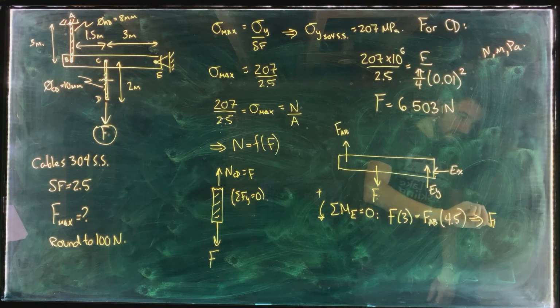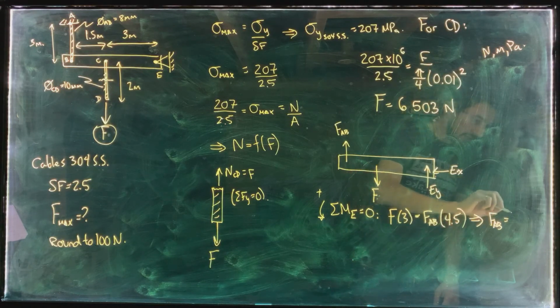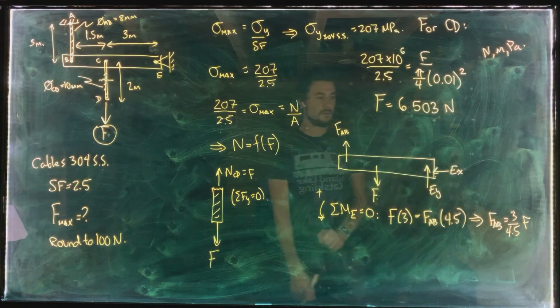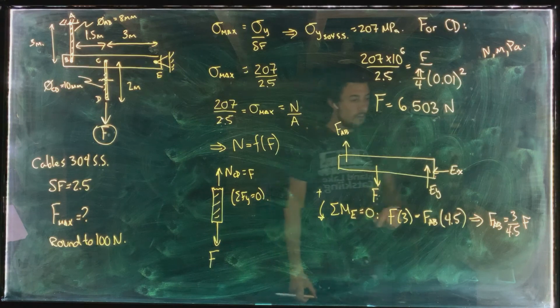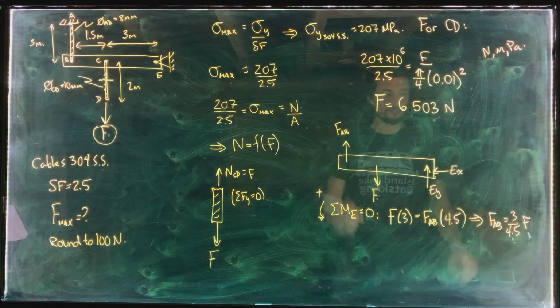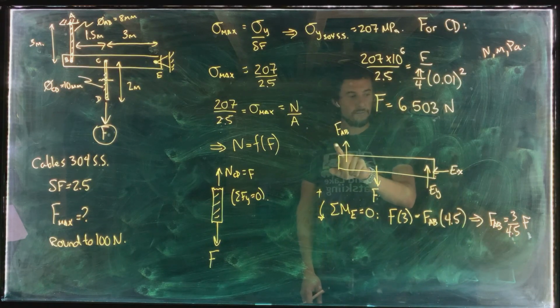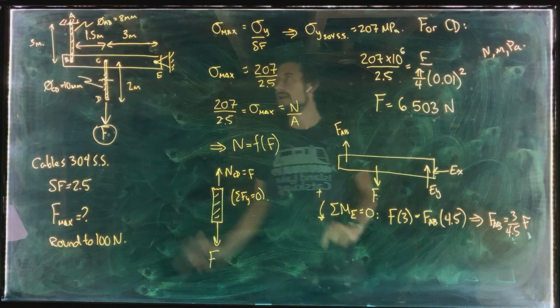So we've got FAB is equal to 3 over 4.5 multiplied by load F there. Okay. So now we know what the load FAB is, and that's the load that is also applied on cable AB.